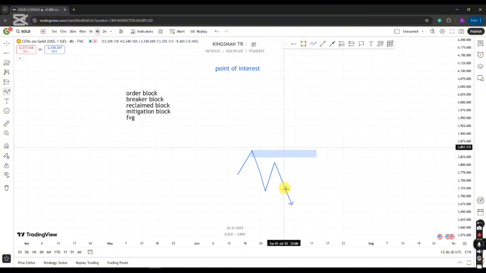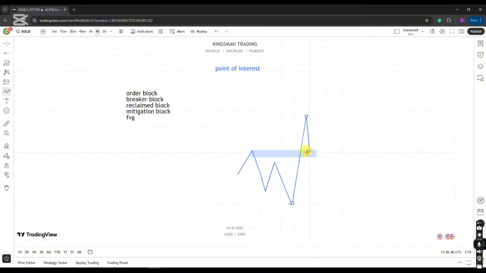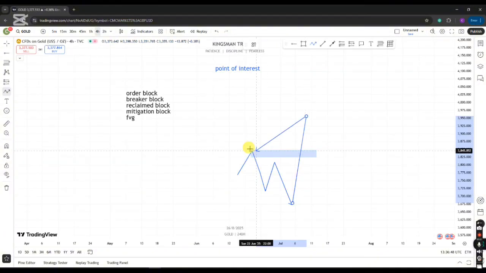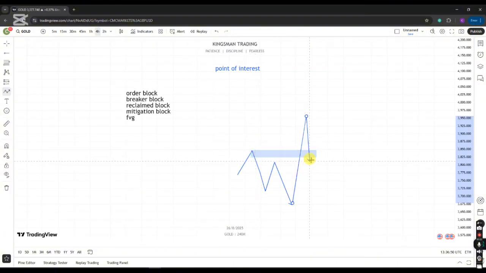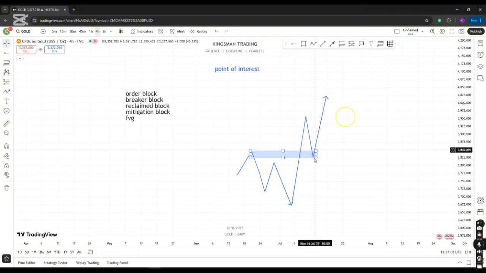And then when something like this happens, we see that price got to this point and it broke above it. Now automatically, you can still have another trade entry from this zone, whereby it's going to be your breaker block, because this order block was invalidated, which is now a breaker block that is most likely going to push price above. You understand? So now this is a breaker block.